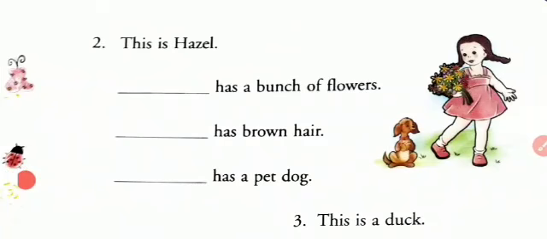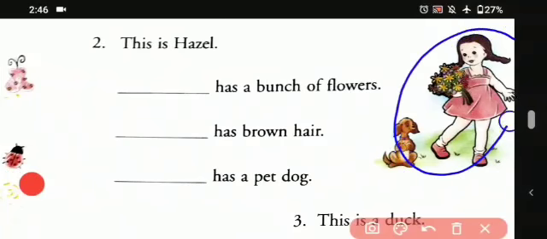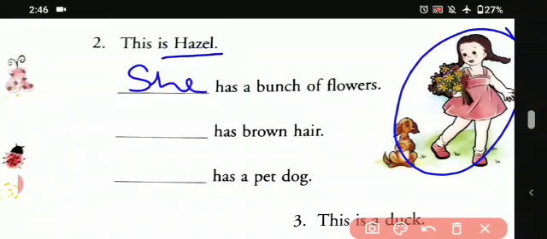Now, there we can see a girl here. Okay, students? So, what her name is? Her name is Hazel. Okay? This is Hazel. So, she has a bunch of flowers.